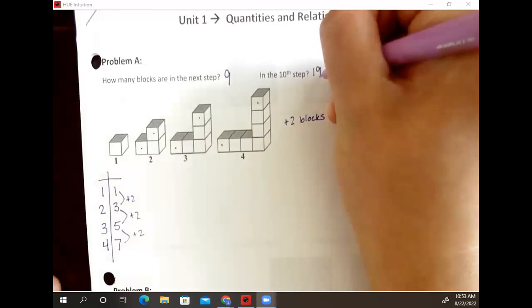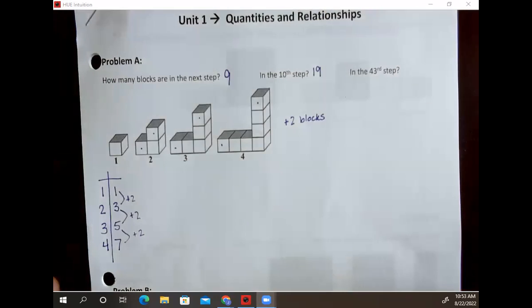How'd you get 19? I kept adding 2. So if I add 2 more, that's step 6. Add 2 more, that's step 7. That works. How many people just added 2 until they got to 10? That absolutely works. Anybody have a different strategy here?